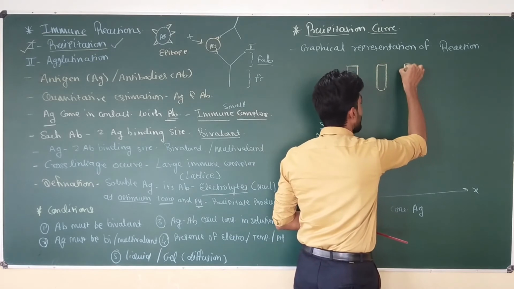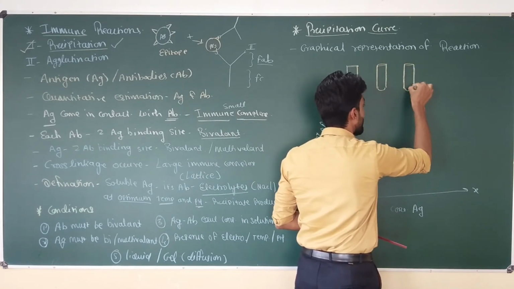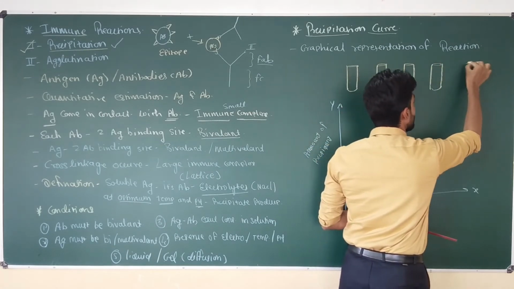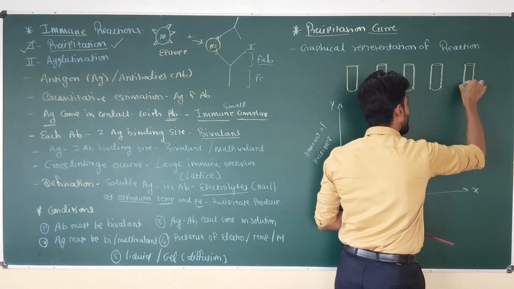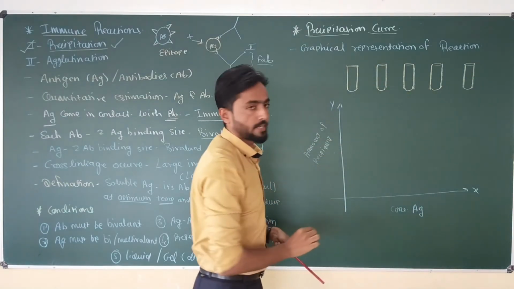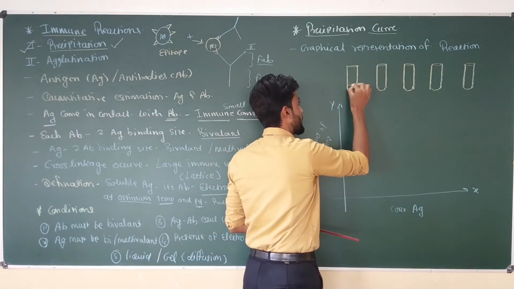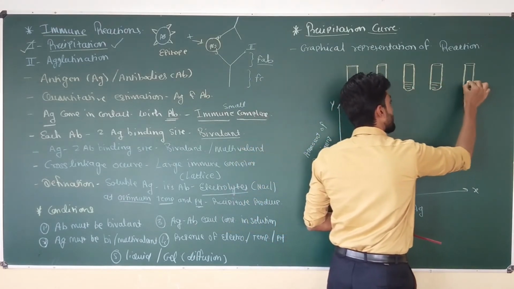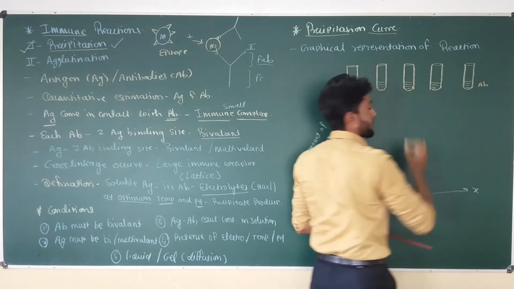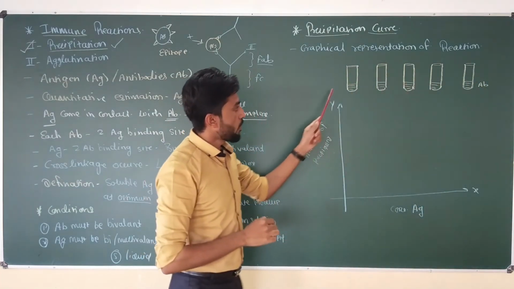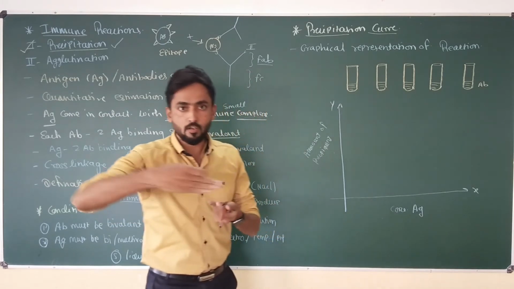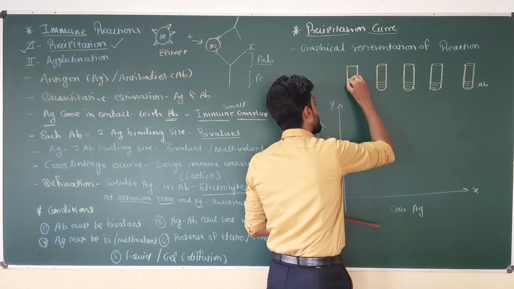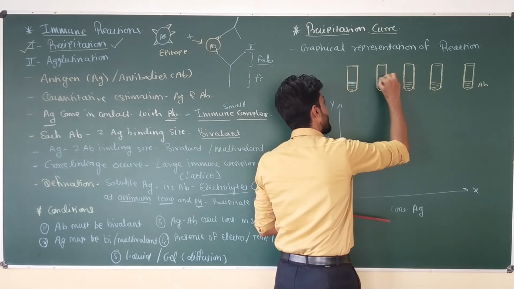And now, in each test tube, I added, okay, now in all 5 test tubes, I added equal quantity of antibody or antiserum. Okay, now in all tubes, I add increasing concentration of antigen. Okay, so now I add antigen in increasing concentration.